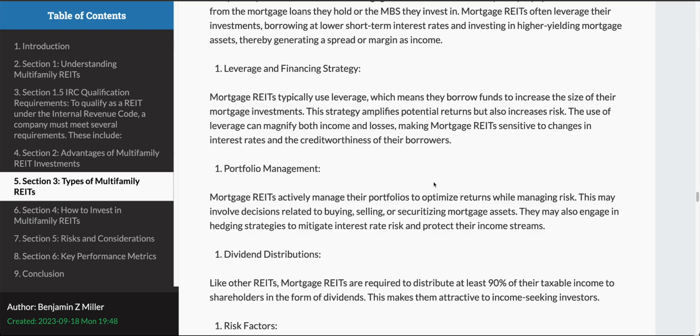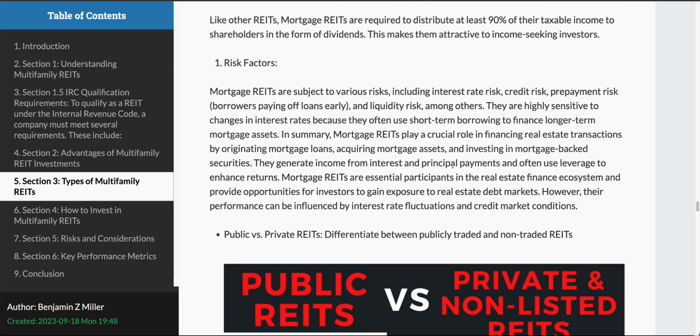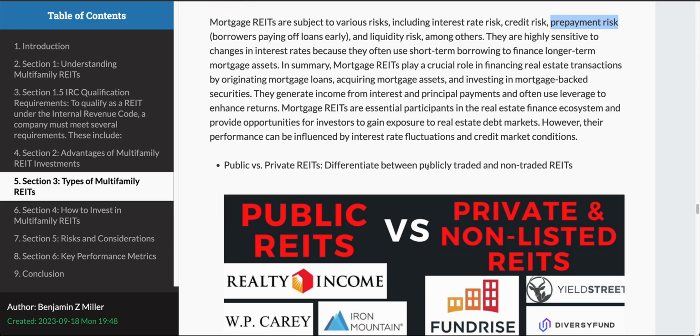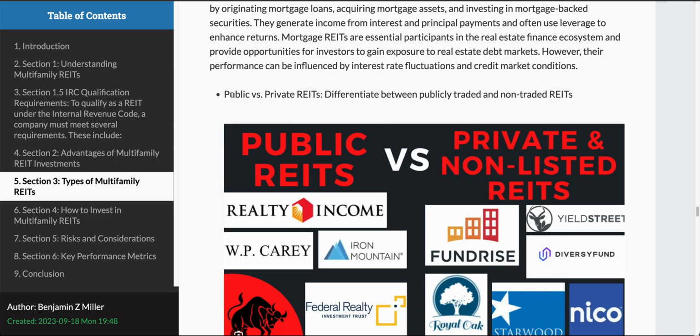There's a lot of factors that are also important risk factors with REITs, including the interest rate risk. There's also prepayment risk, because at any time it could be paid back early in most cases. Mortgage REITs are involved in a lot of different things, but there's two main categories of REITs in general, and those are public and private REITs.